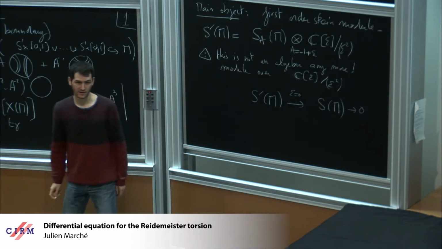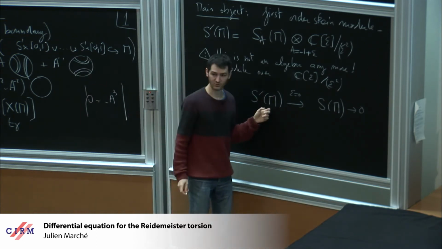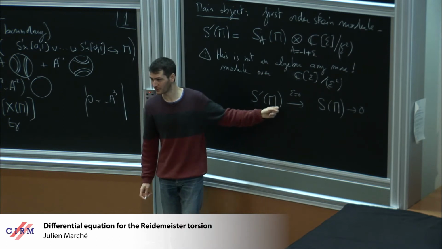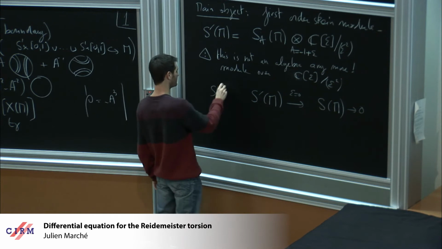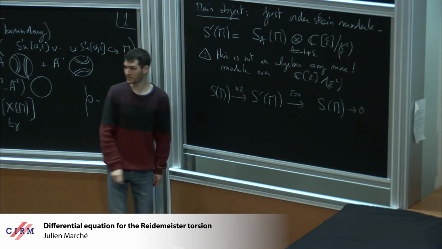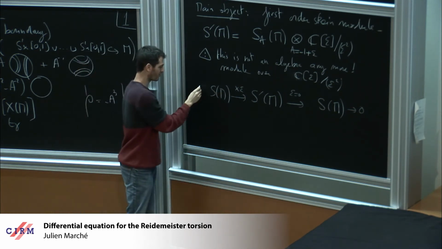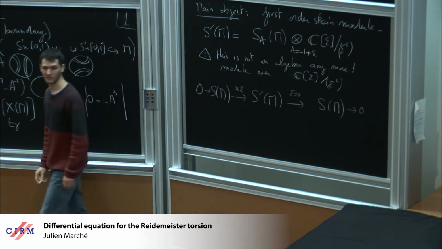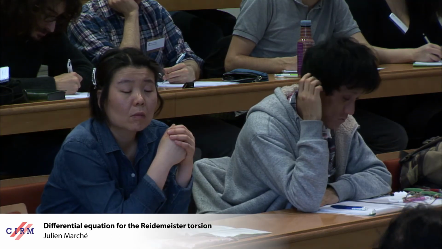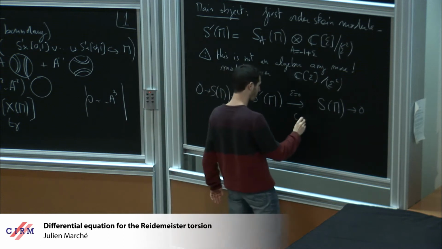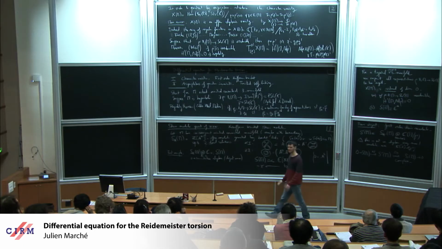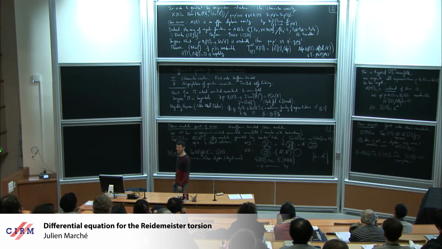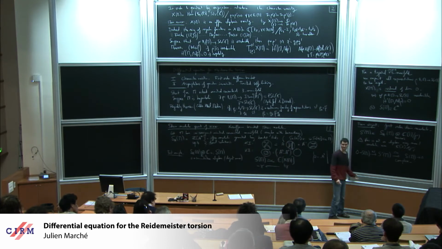To describe the kernel of this map, you can multiply by epsilon. If you start from S of M and multiply by epsilon, clearly the composition is 0. So it's almost obvious that this is a complex. I almost said it's an exact sequence, and finally I didn't. I believe it's exact in general, but I have no proof.